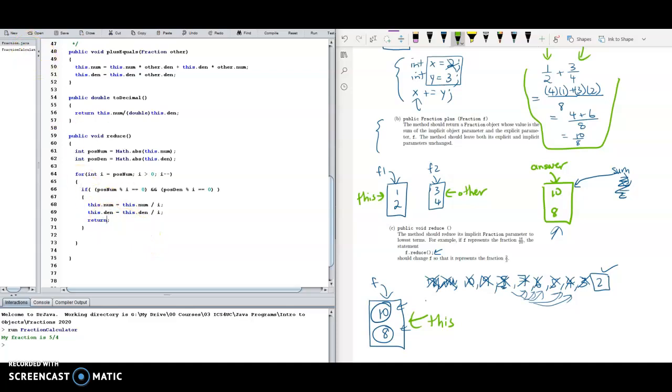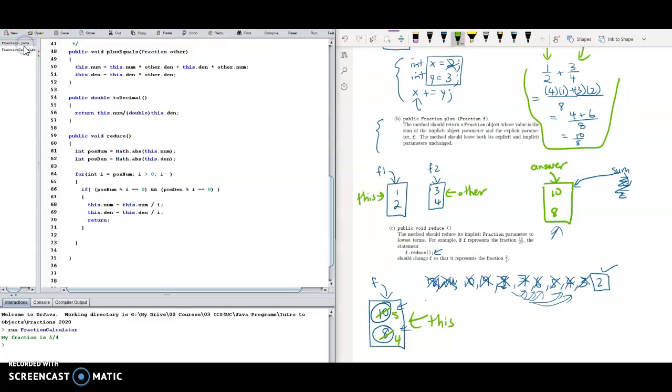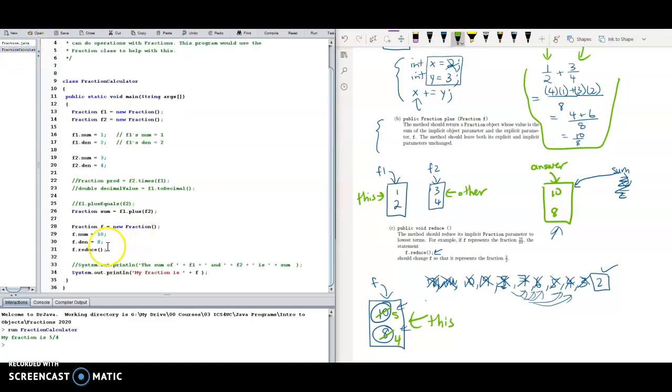As soon as it finds it, it's done, and it'll come back here, and that would have changed these values. So it would change these values to 5 and 4 within the Fraction class, then hit return, and f would have changed because f and this are pointing at the same fraction. I hope that makes sense how the reduce method works.